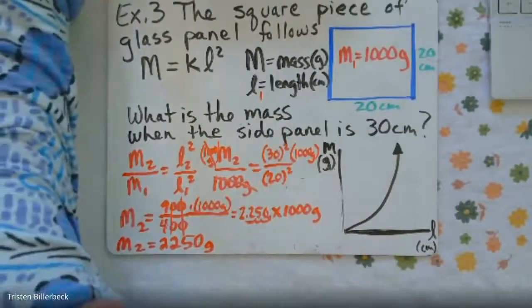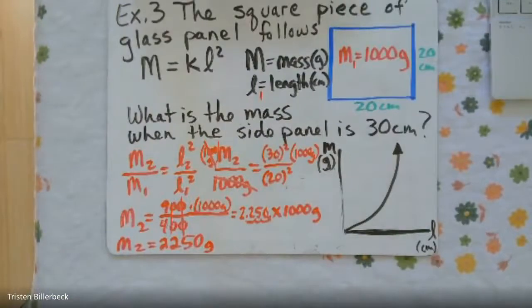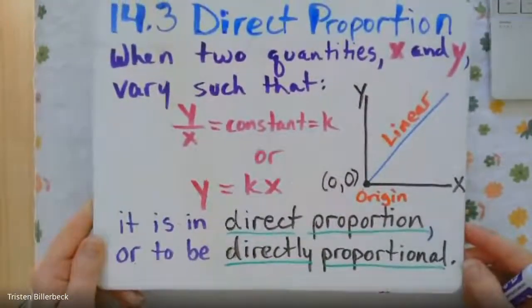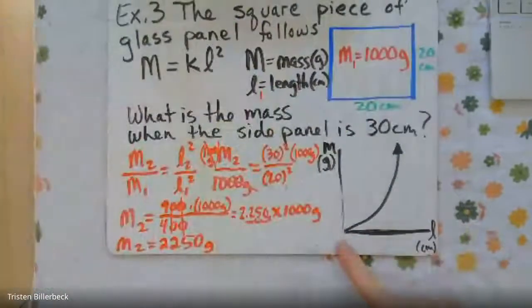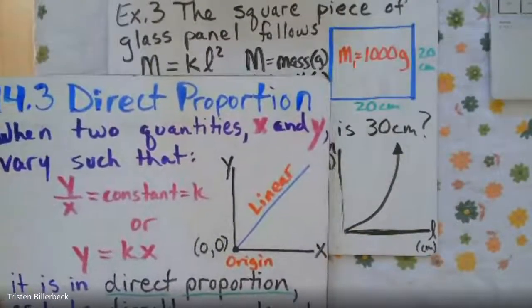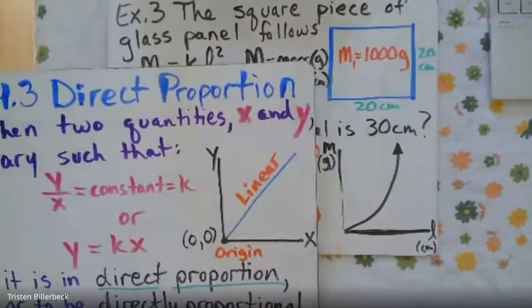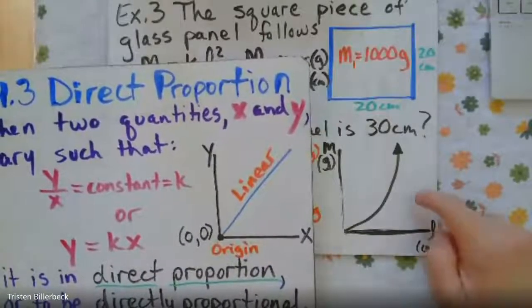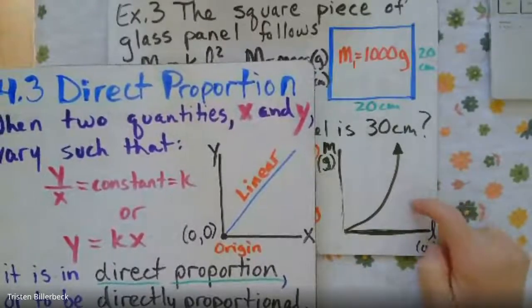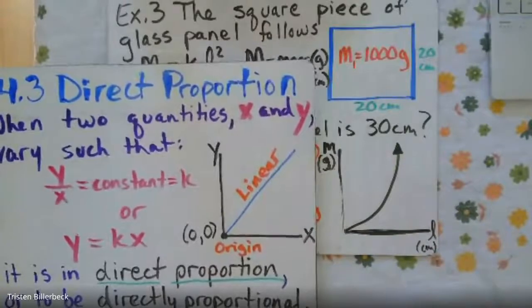Here, let me show you what the graph for a direct proportion looks like. Maybe you'd see the problem. It is going through an origin. Hey, what's wrong? Why am I being a math curmudgeon?